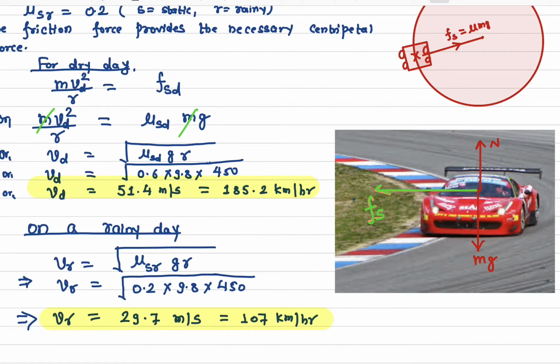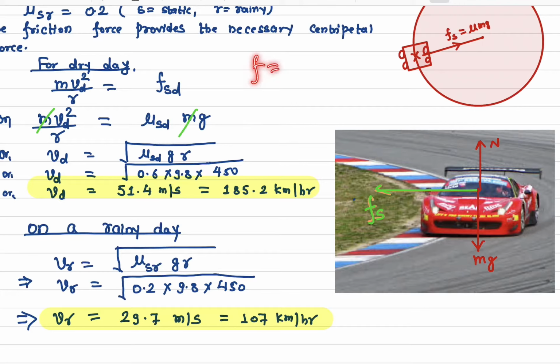If the car is moving in a circle, then this frictional force provides the necessary centripetal force. That's exactly the equation I have written down here. This centripetal force, m v squared over r, is provided by the frictional force. m v d squared over r, where v d stands for the speed on a dry day, equals the frictional force, which is given by mu sd times m g.